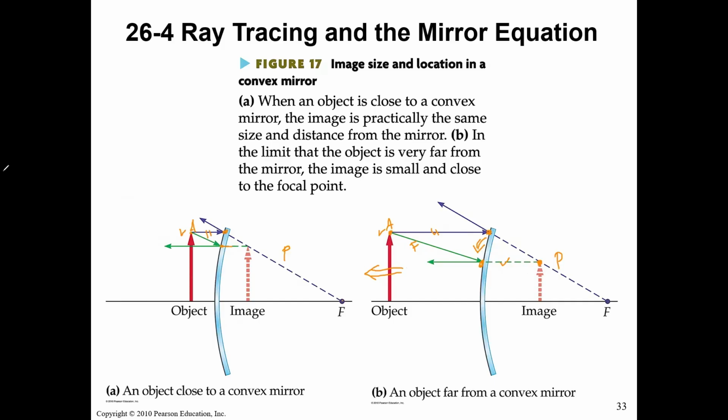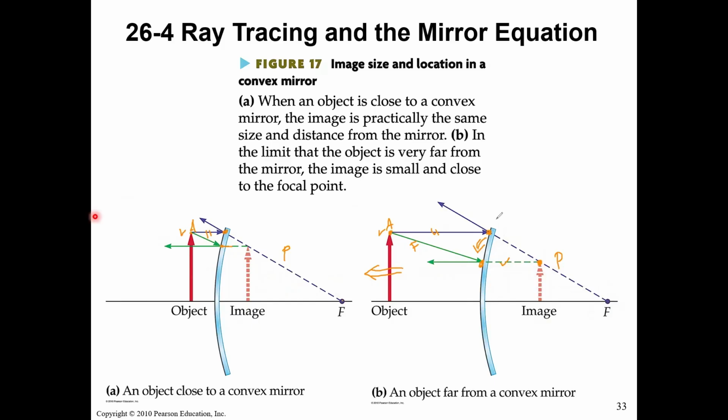So this is telling us that if you move the object further away from this spherical convex mirror, the image you're going to form is going to be smaller and smaller. Okay, and the other thing is that the image is always upright and it gets closer and closer to the focal point.